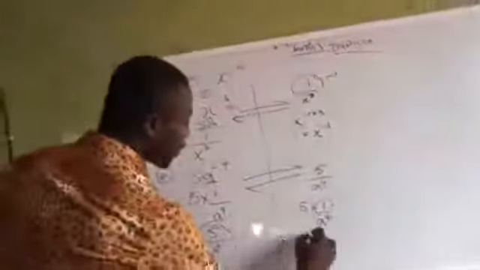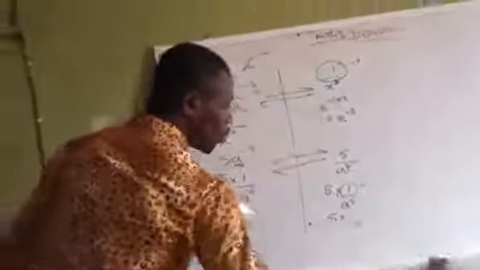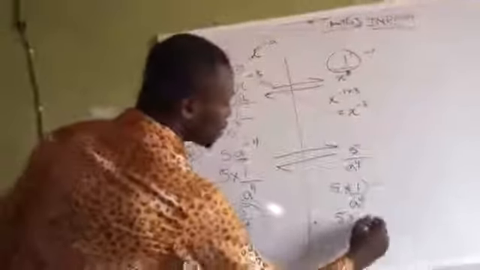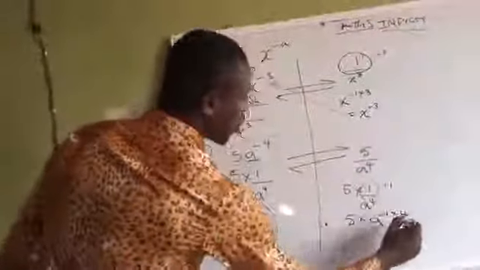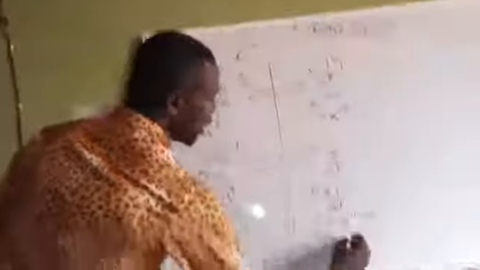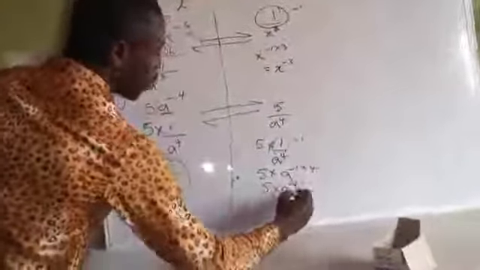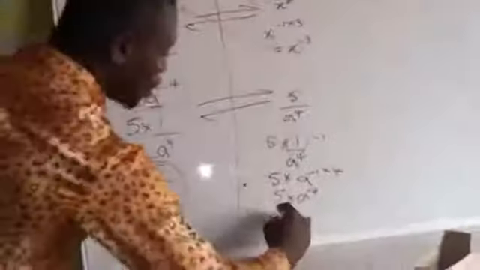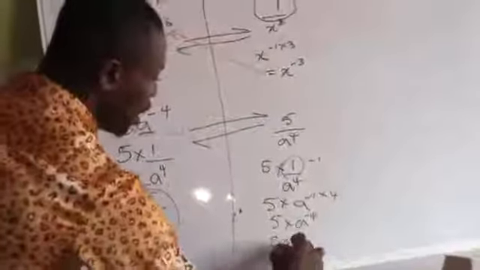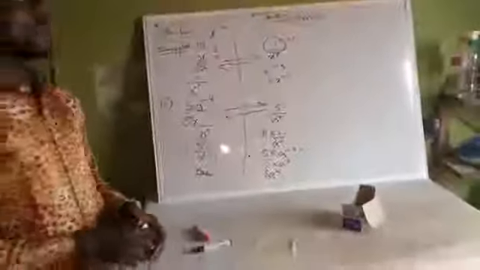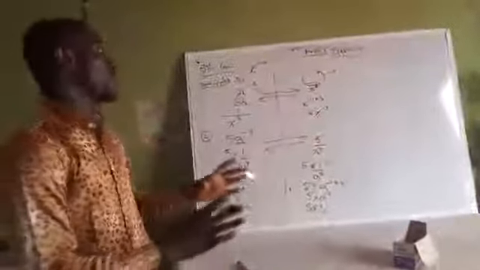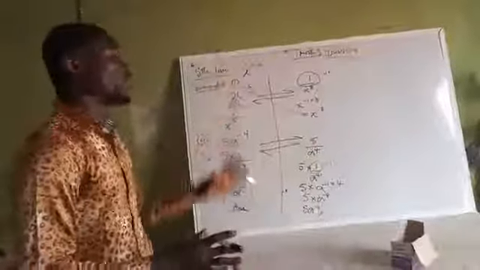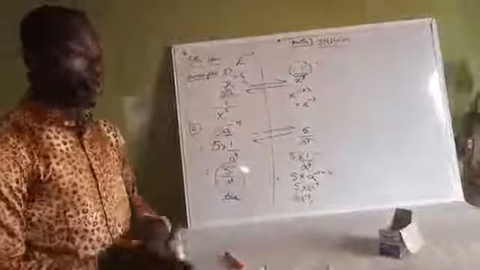So we have 5 times a raised to power minus 1 times the power, which is 4. So we have 5 times a raised to power minus 4, which is 5a raised to power minus 4. So that is one of the secrets we have to understand about this negative power law.